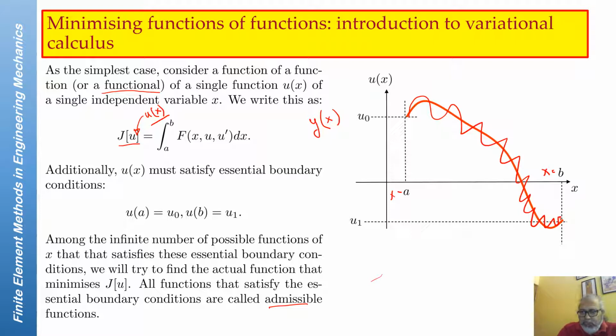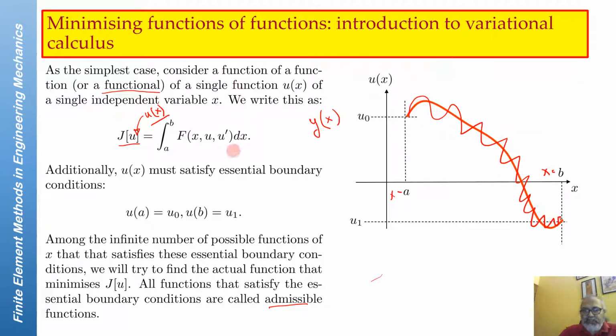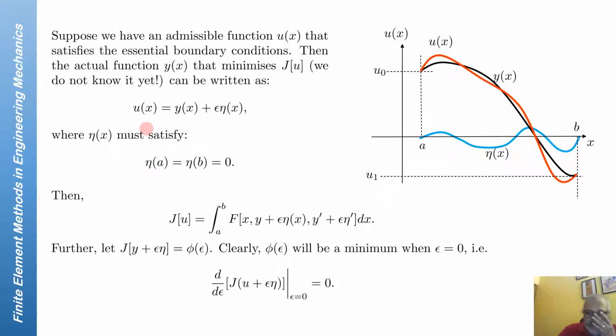Now let us assume that y(x) is this black function. If you plug this black function into this integral in place of u, you will get the minimum value of J. So let's say that's known. Then any other admissible function u can be constructed from y by a perturbation.